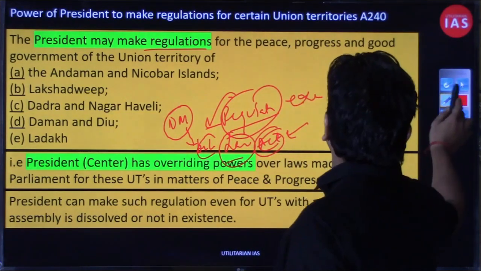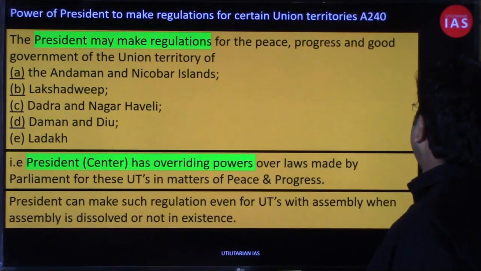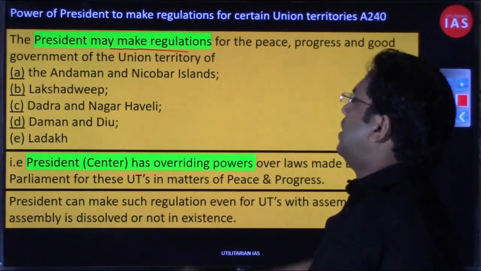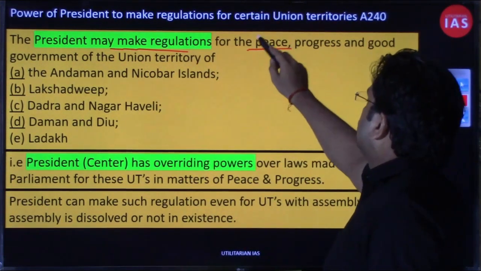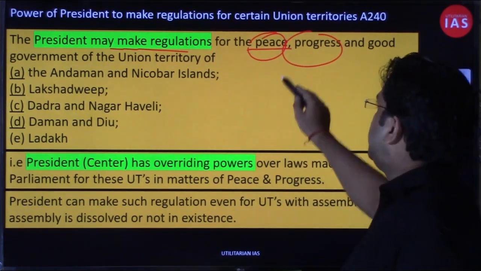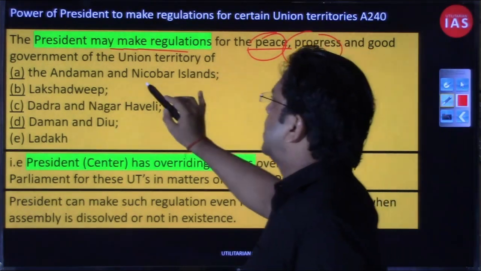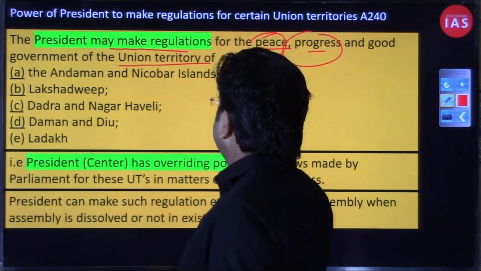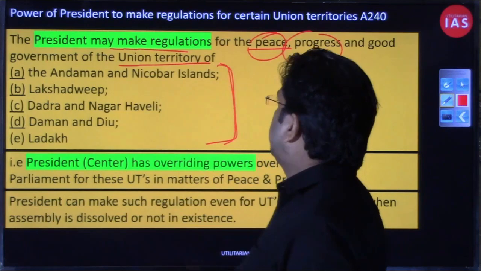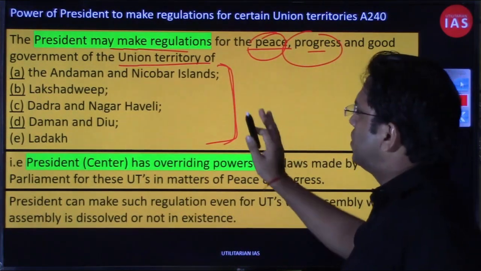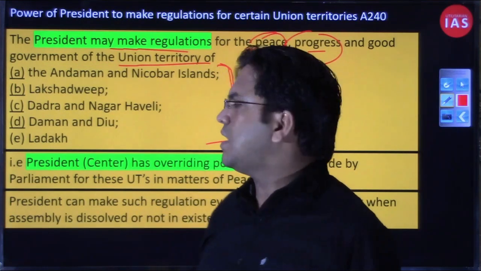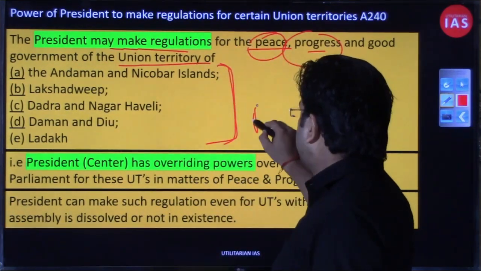So let us try to understand what Article 240 is talking about. Article 240 says that the president may make regulation for the peace, progress and good governance of the union territories which do not have an assembly. For these 5 union territories, we have already discussed that legislations are passed by the parliament.